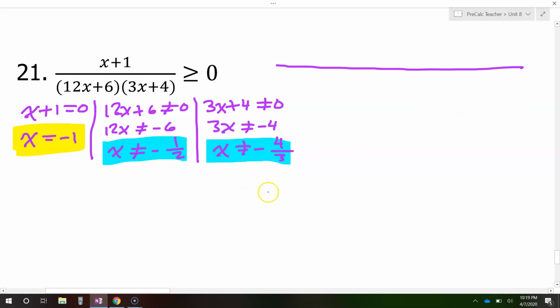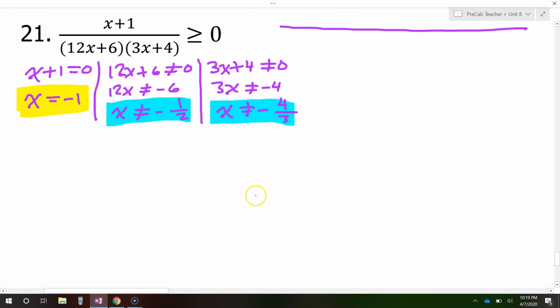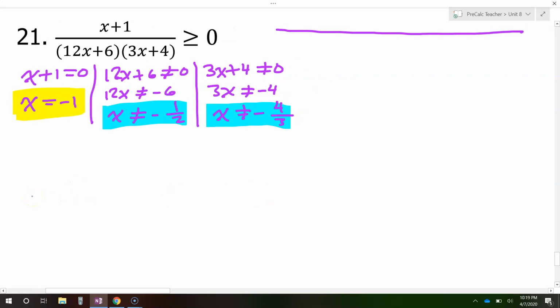So I feel like I need all of the space. So I'm actually going to put my number line down here this time, because we have 3 critical values and I really want to spread them out.